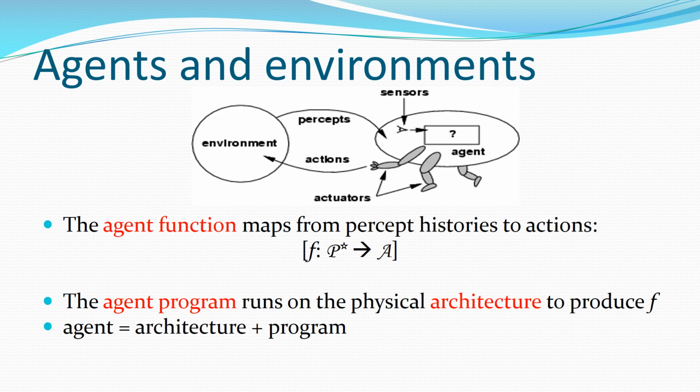Here, the agent is an entity which is going to work. The agent has various sensors, and the agent has actuators, that is, the hands and legs. Consider this as a robotic agent. It is going to perceive from the environment.